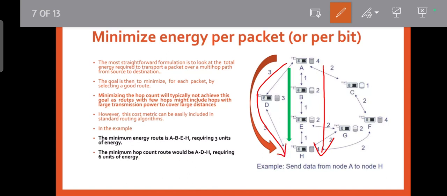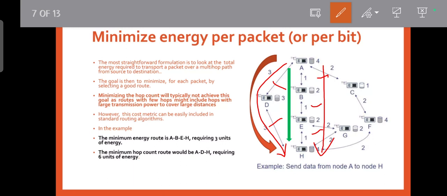The ADH path has fewer hops, only 2, whereas the path A, B, E and H has 3 hops. But we have to consider only the energy per packet.